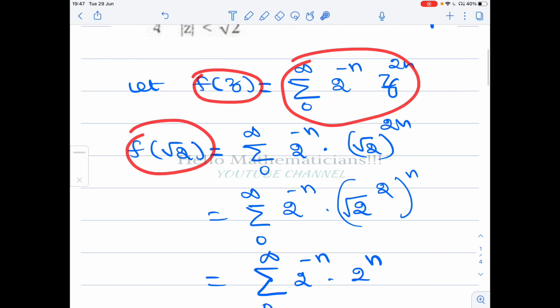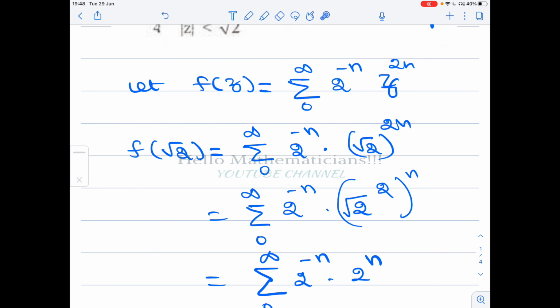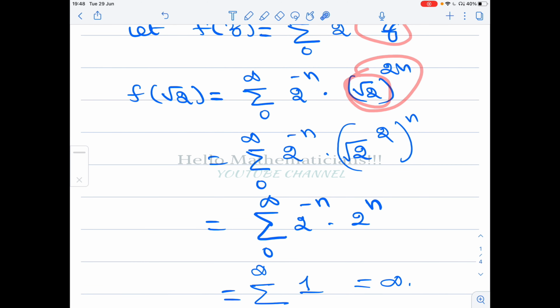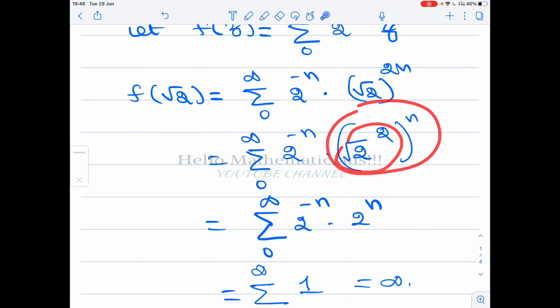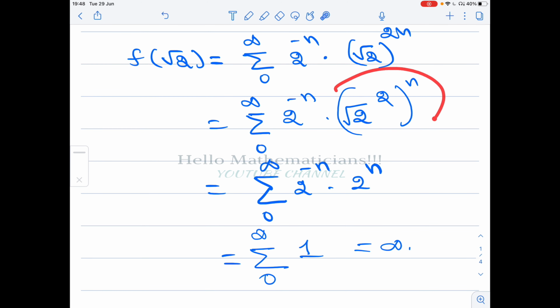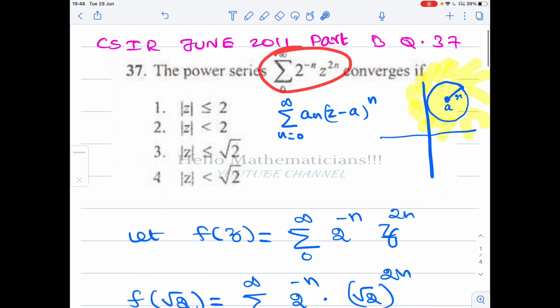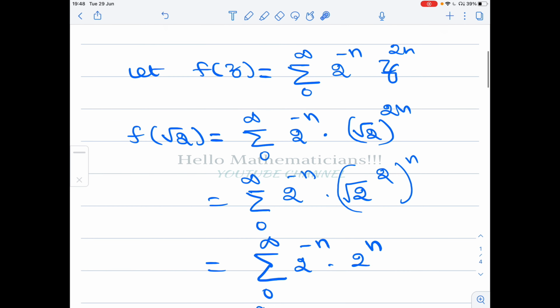Then I look at f of root 2. In place of z I substitute root 2. Root 2 power 2n is nothing but root 2 squared whole power n, which equals 2 power n. So basically I get summation 0 to infinity 1, which is infinity, because 1 plus 1 plus 1 and so on is infinity. So this power series at the point root 2 diverges.